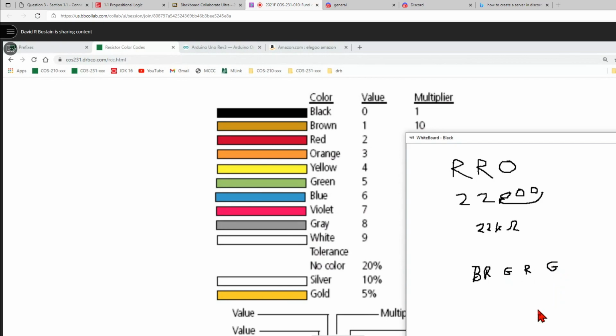See if you can figure out what the value is and how would we say it. Put your hand up if you know. I may or may not call on you. I just want to see who knows.